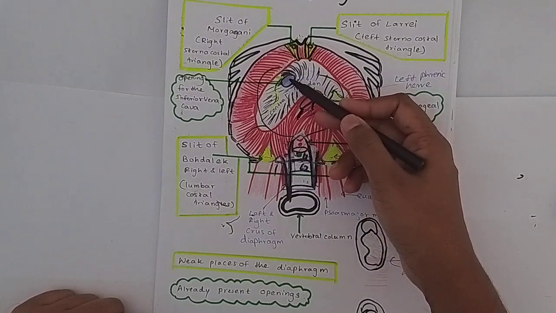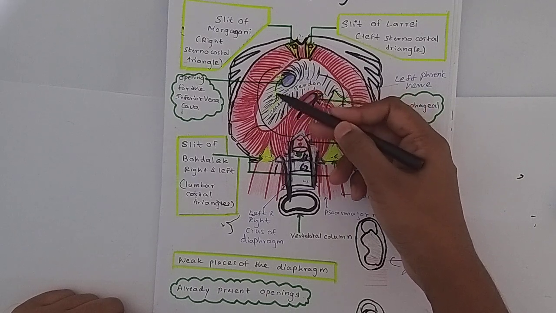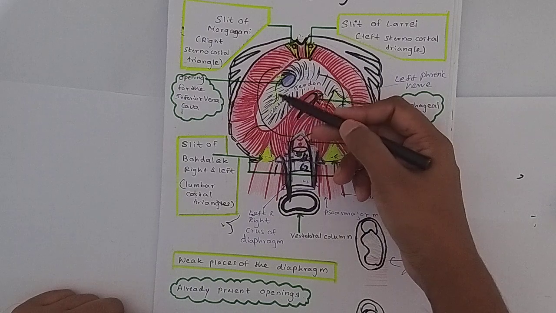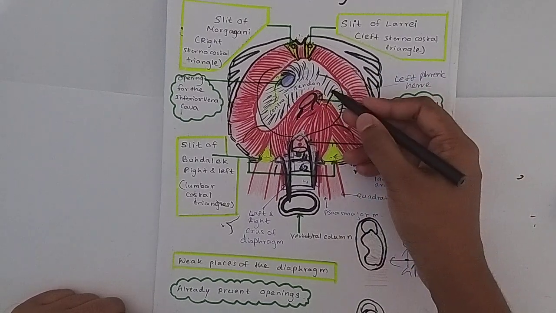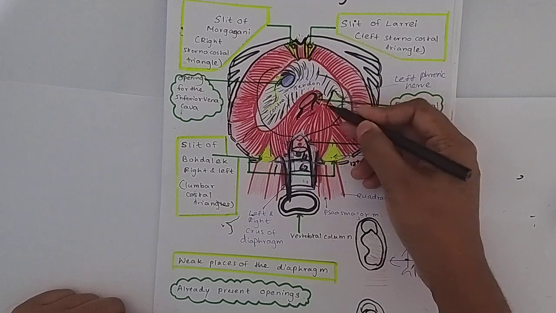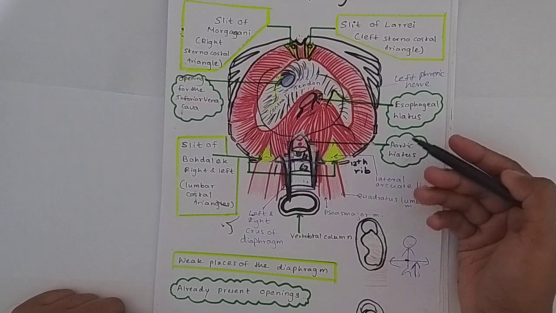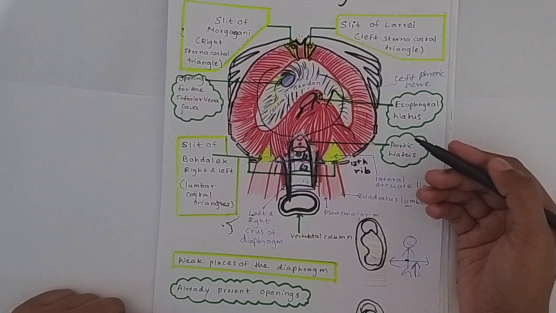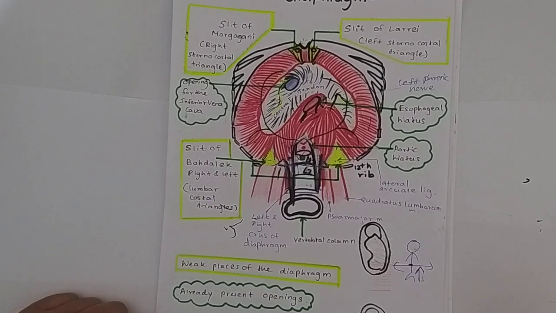The inferior vena cava comes through this, and the right phrenic nerve also passes through the opening for the inferior vena cava. Then where is the left phrenic nerve? The left phrenic nerve comes through the central tendon like this. The right and left phrenic nerves innervate the diaphragm. So these three are the main openings present in the diaphragm.